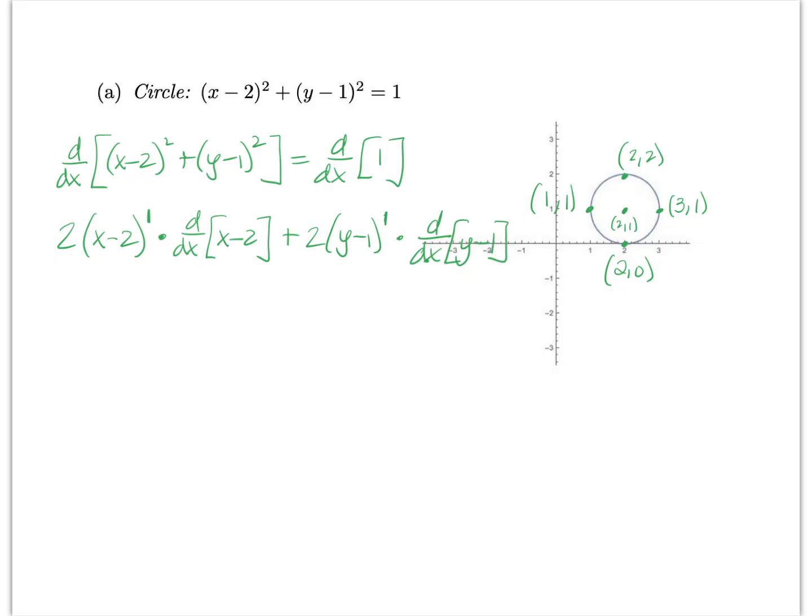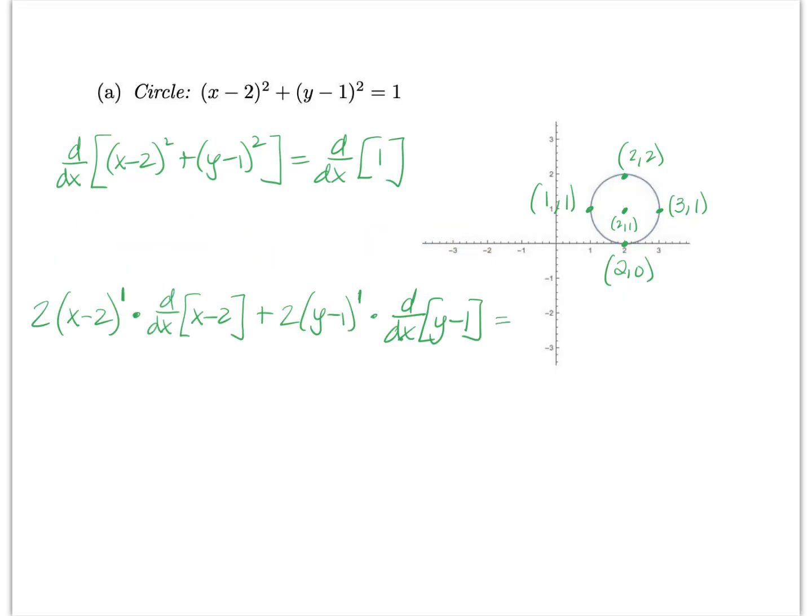And then that should equal 0 because d/dx of 1 is 0. Okay, so now I'm going to calculate these two d/dx's that I left in my equation. I've got a d/dx of x − 2 I need to figure out, and a d/dx of y − 1.